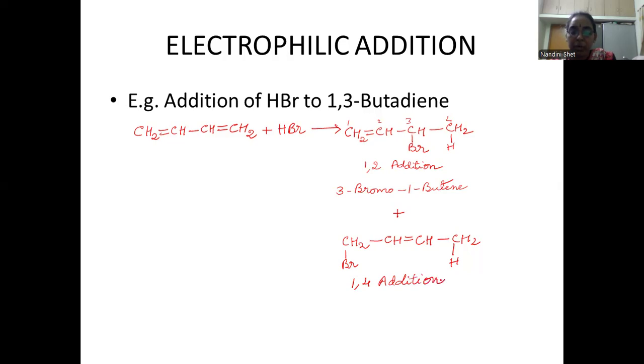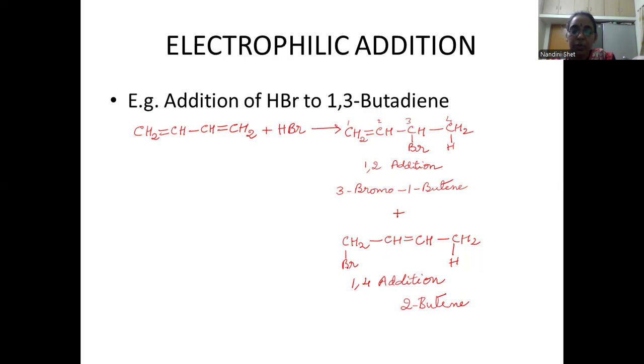Remember, this is not the name of the molecule, not the IUPAC name. Actual IUPAC name is different, so you can name this IUPAC wise. What will it be? It is once again a substituted butene, but it is 2-butene. Double bond is on carbon number 2, so it is 2-butene.